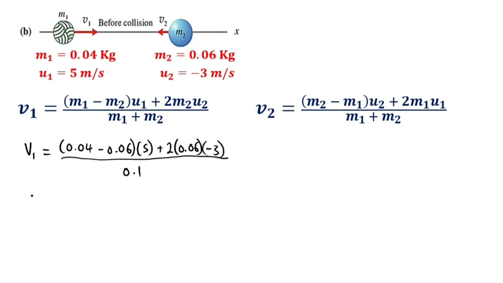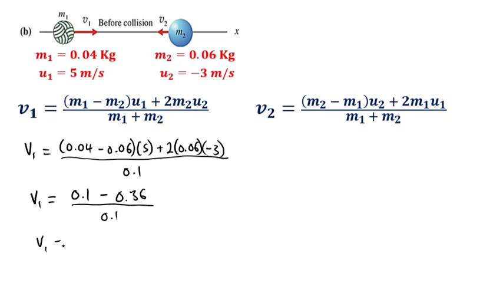So V1 is equal to, we subtract these two, we get negative 0.02 multiplied by 5. This gives us negative 0.1, then 2 times 0.06 times negative 3 gives us negative 0.36. Now this is over 0.1.